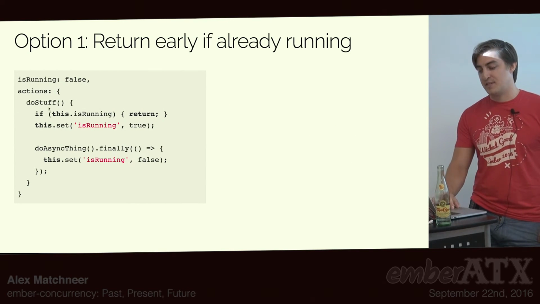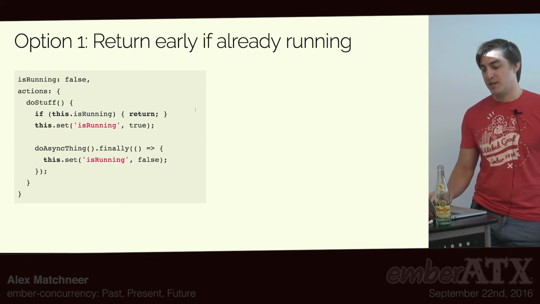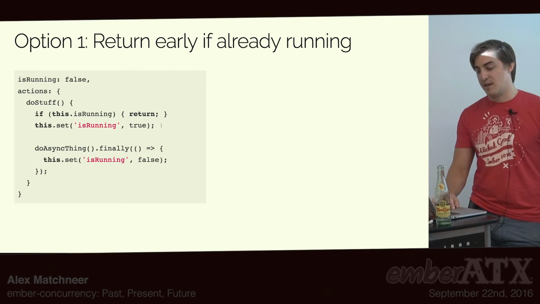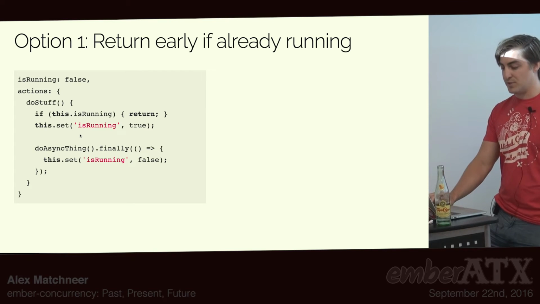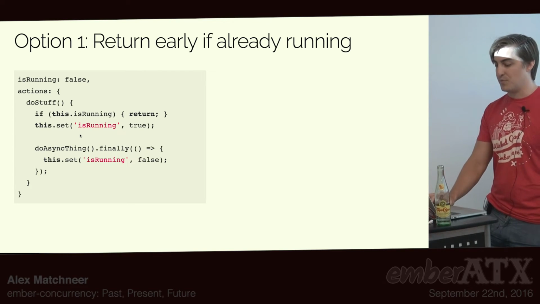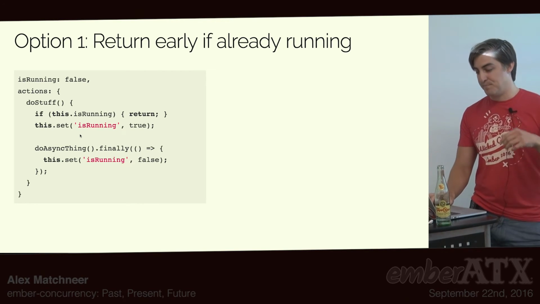The example from before is to check is running and return. That also means you have to keep track of the is running variable yourself if you're using normal Ember or normal JavaScript. So return early is one way to keep something running one at a time.